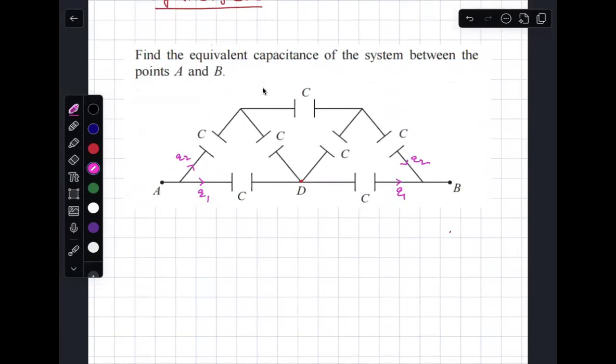Yes or no? See, if Q1, Q2 start from A, they must collect like that at B. If they start from B, Q1, Q2 must collect like that at A. Which means at this point node, no splitting of charge takes place.